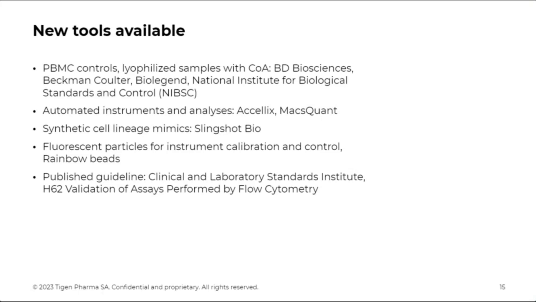And I'm going to show you an example with this later on, how we can work with that. You can buy fluorescent particles that you can use to calibrate your instruments and also use as controls. They are called rainbow beads. And here's a very useful guideline for clinical flow cytometry that is published. It is the H62 guideline that is coming from the Clinical and Laboratory Standards Institute.